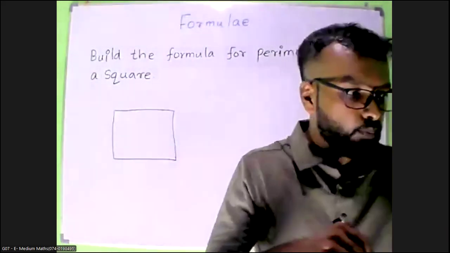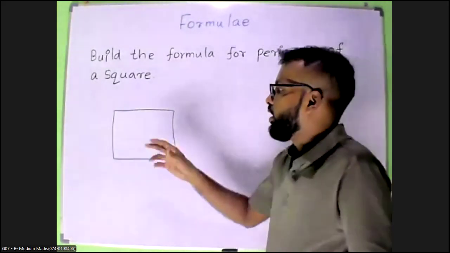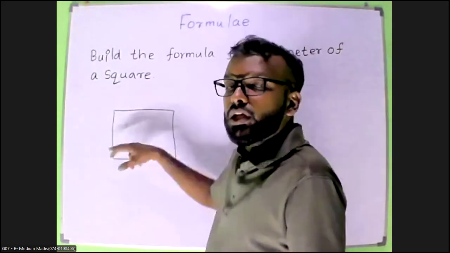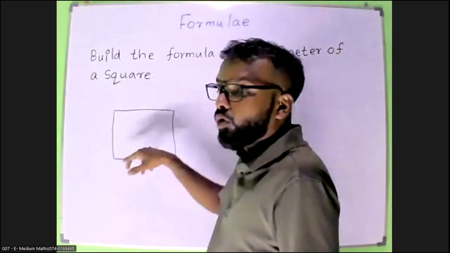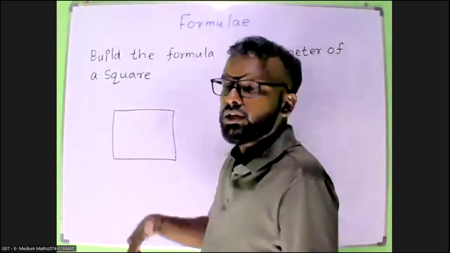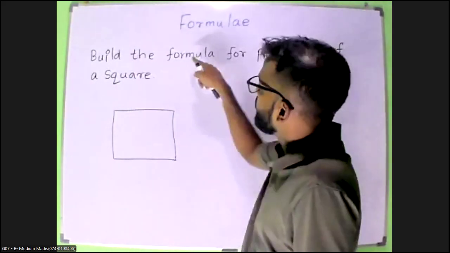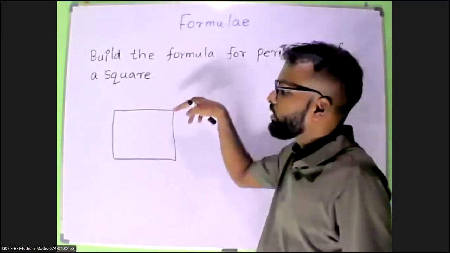What is the special property of a square? Length of all sides are equal. Let's use that property to build the formula for the perimeter of the square.